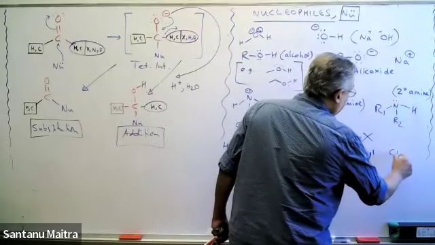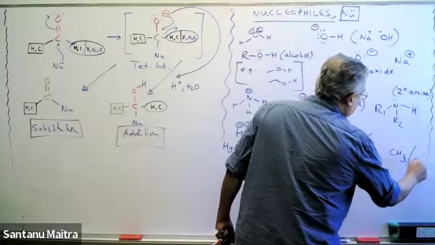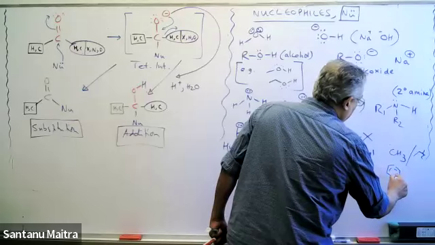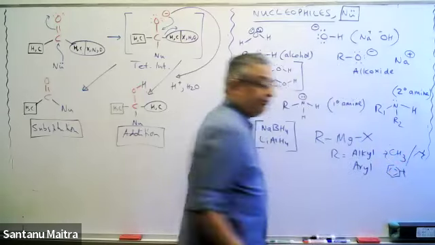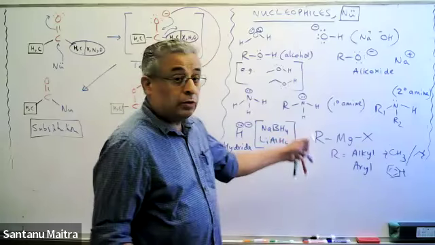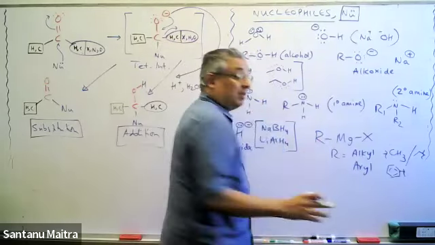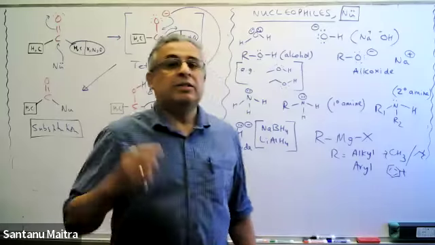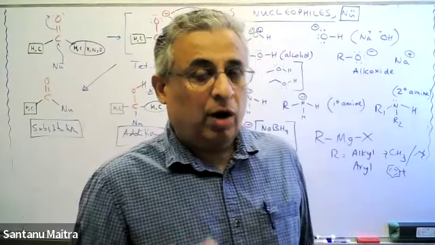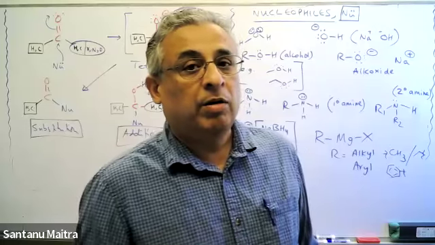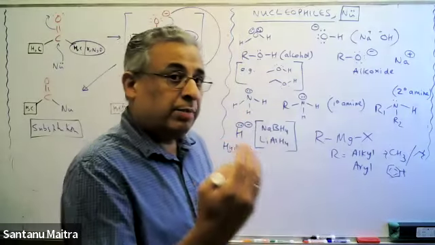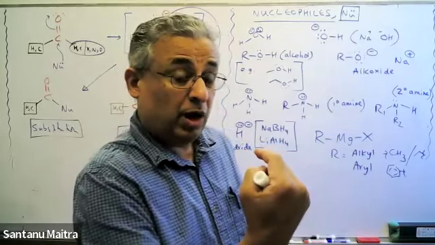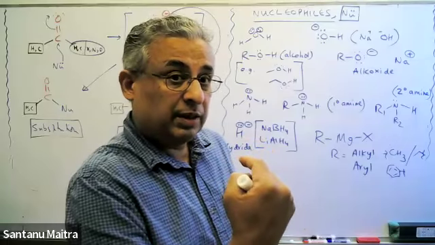So it can be CH3, it can be CH3CH2, it can be phenyl, it can be whatever. Anything. Those are kind of like R minus. It's not R minus. The carbon-magnesium bond is an extremely polar covalent bond. And carbon being more electronegative than magnesium, that bond is pulled toward carbon, making the carbon the nucleophilic center.